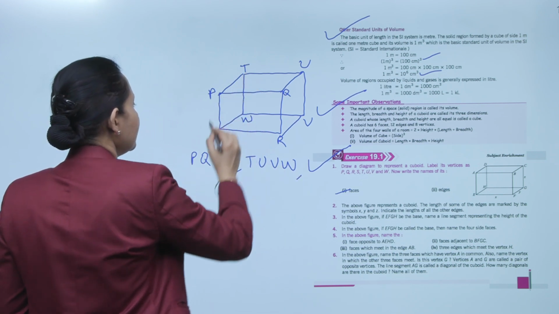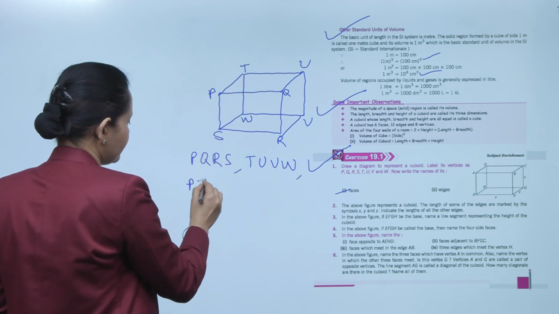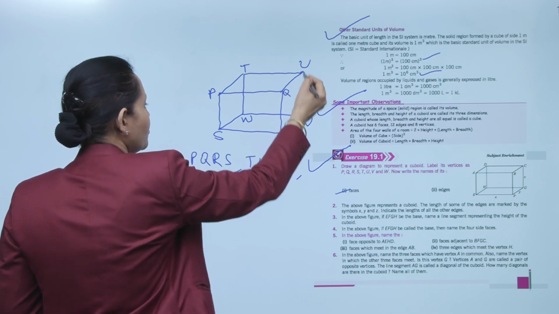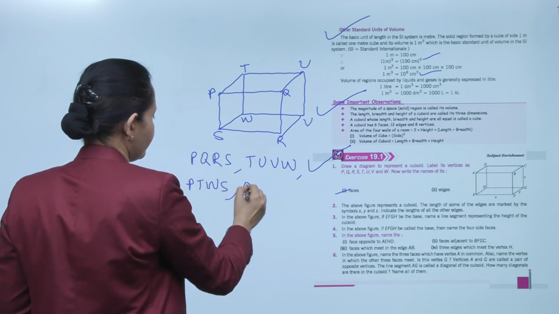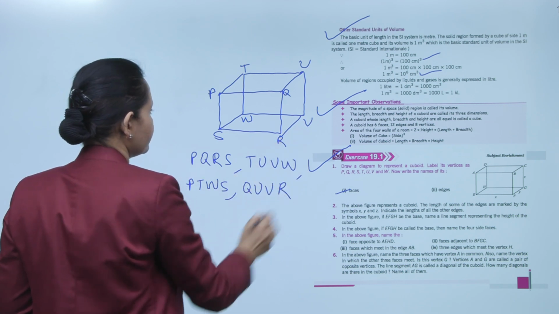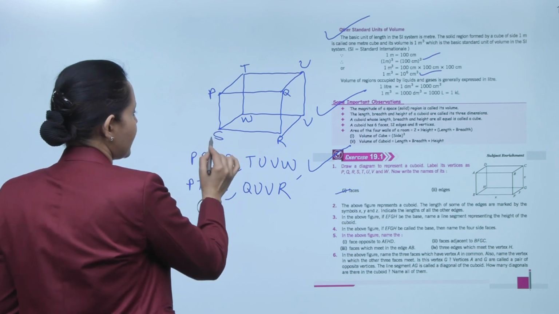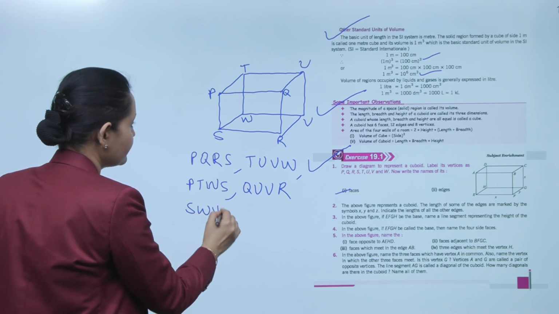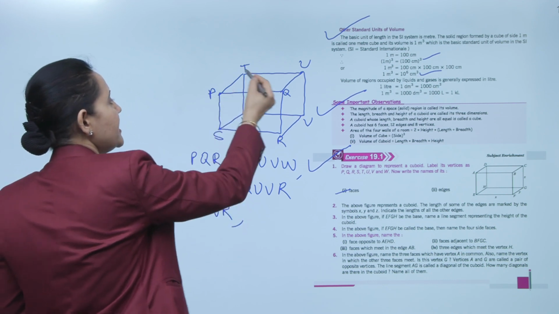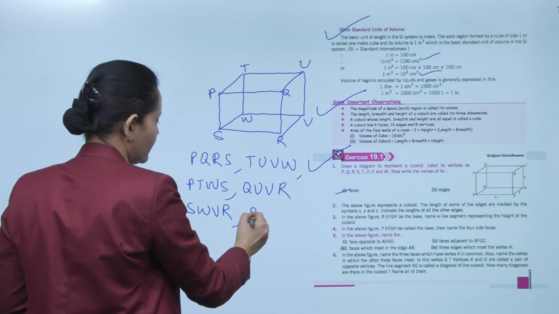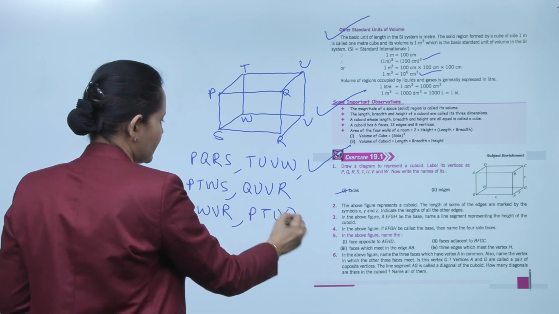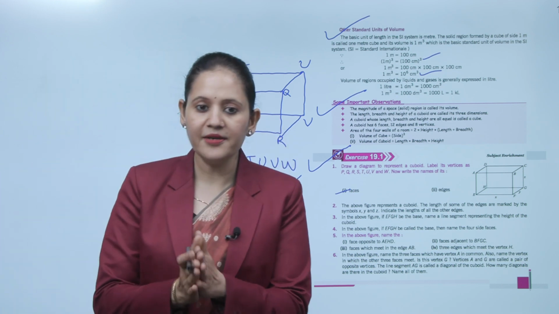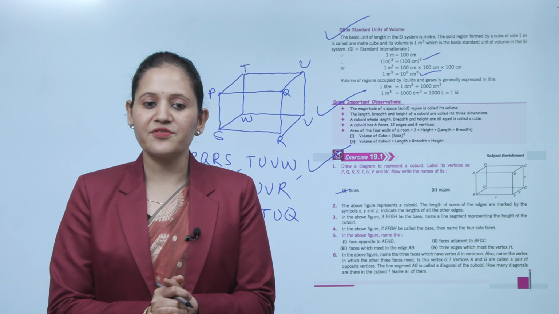One is P, T, W, S. Q, U, V, R. Next is S, W, V, R. Another is P, T, U, Q. Like this. These are the 6 faces of the cuboid. Clear? So you have to practice all the questions of this exercise.